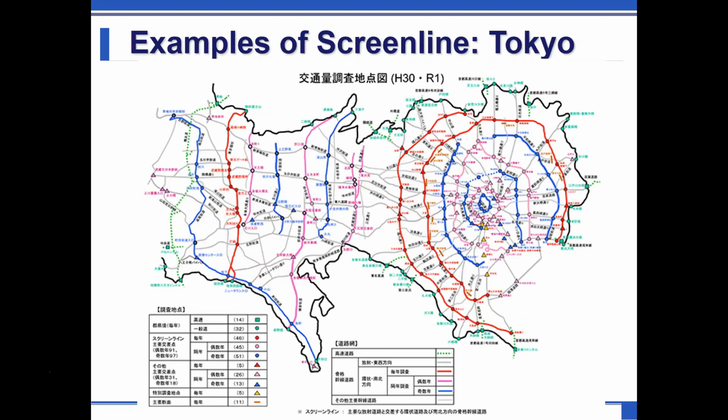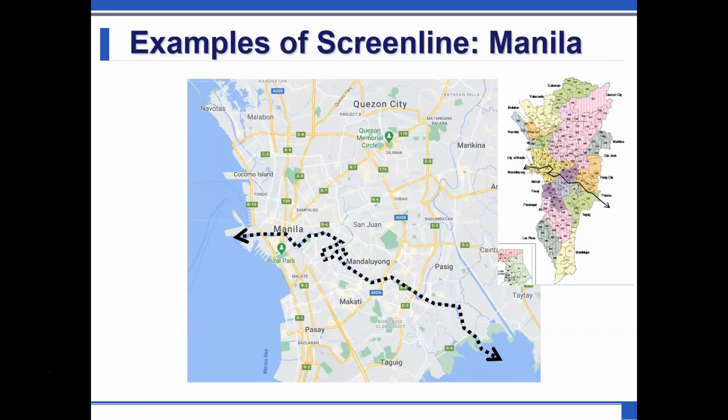Here I show examples of screen lines in other countries. In Japan, many screen lines are developed, and most of them are conducted annually. Some vehicle detectors are already installed on the major roads, and the traffic volume can be collected partially automatically. In Metro Manila, the capital region in the Philippines, there is a large river crossing the region, and it is considered a north-south screen line.